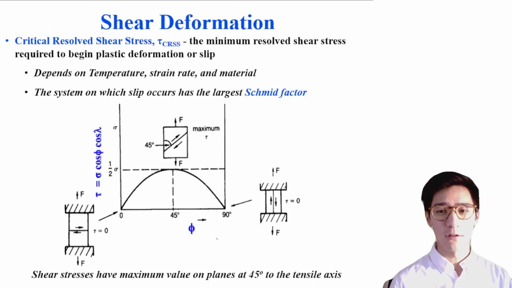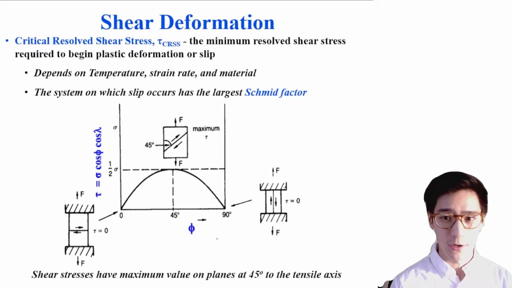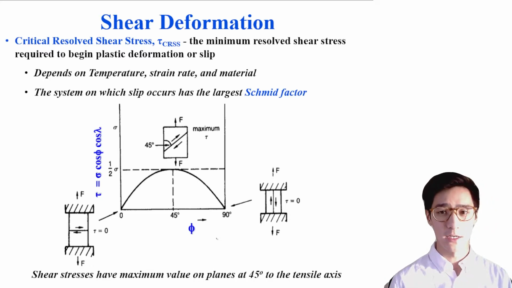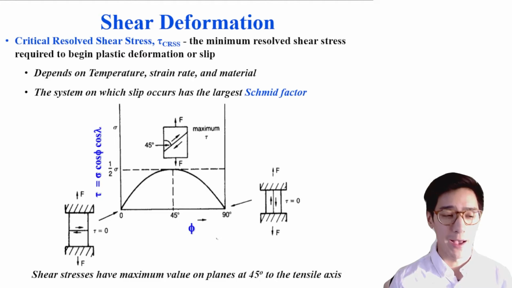It turns out that the maximum load actually occurs at 45 degrees inclination of both the slip plane and the slip direction. This is simply due to the slip system geometry. As we rotate the slip plane, the angle lambda similarly changes, and thus we can actually only maximize half of the applied load.